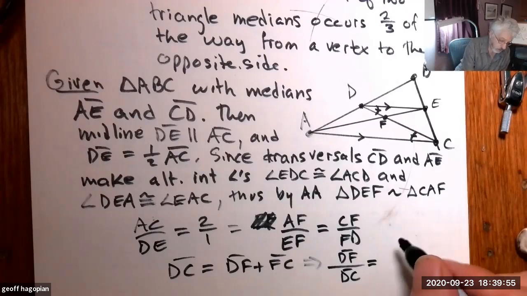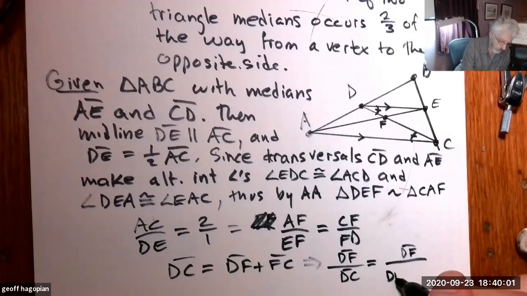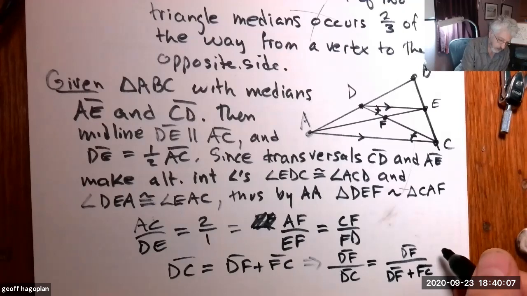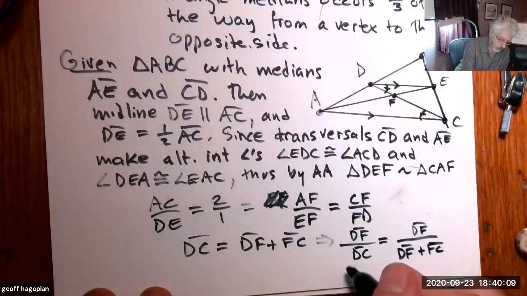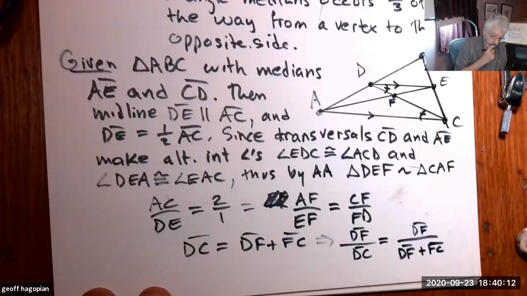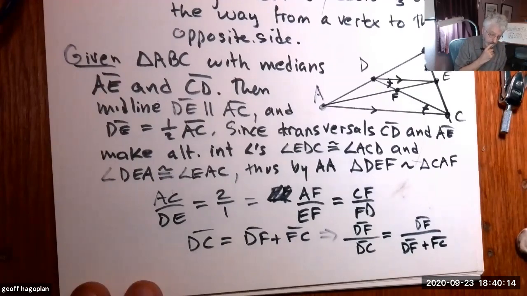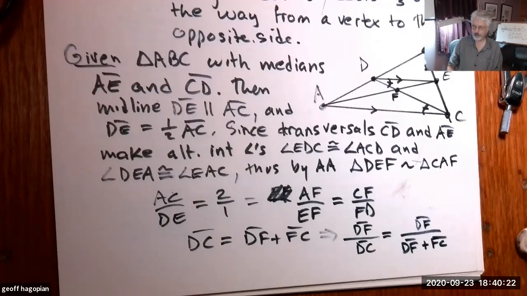Well, we write DC as DF plus FC, and we know we can. Oh, maybe I should have written that the other way about, right? Because I want to split up the numerator over a common denominator. You can't split up the denominator under a common numerator. That's just not done, right?